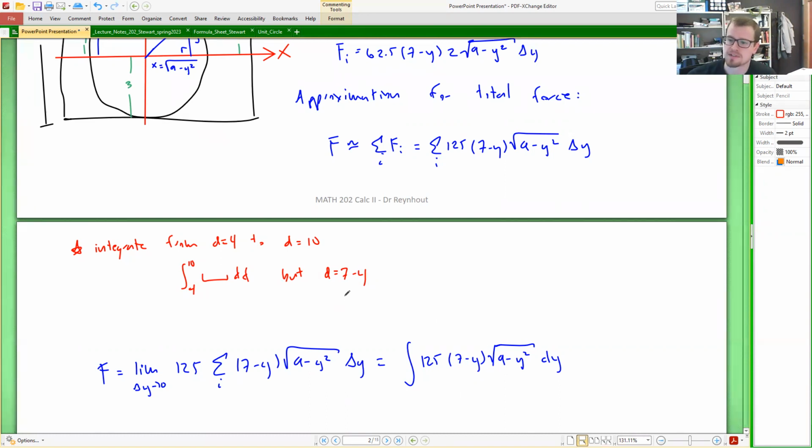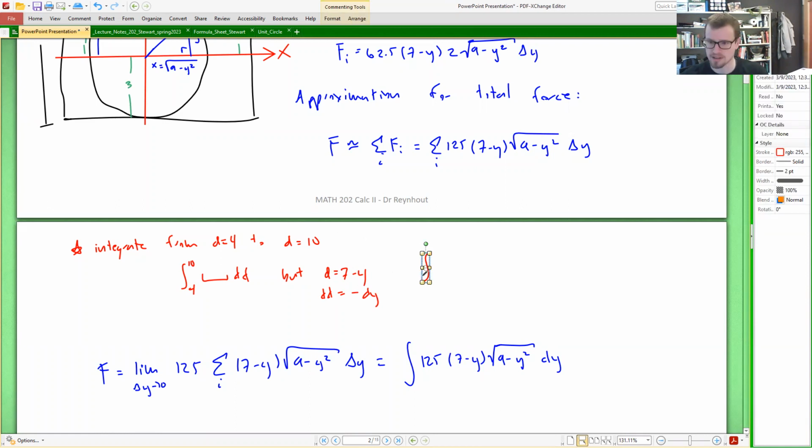So depth, d is equal to 7 minus y. So finding the differential, dd would actually be equal to negative dy. And we would have the integral from when d is equal to 4.